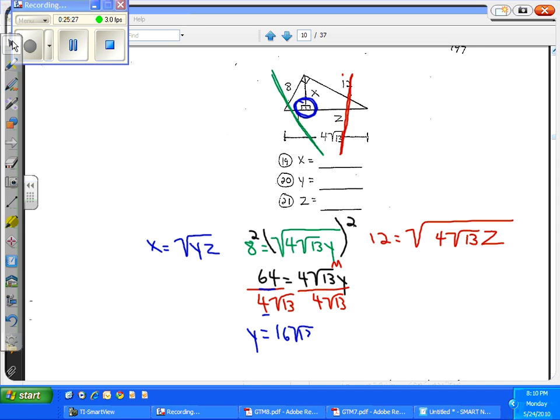So it's going to be 16 on top, square root 13 on bottom. 16 over square root 13. 4 goes into 64 16 times. But you can't have a radical in the denominator, so we rationalize the denominator by multiplying by square root 13, and we get 16 square root 13 over 13 for y.